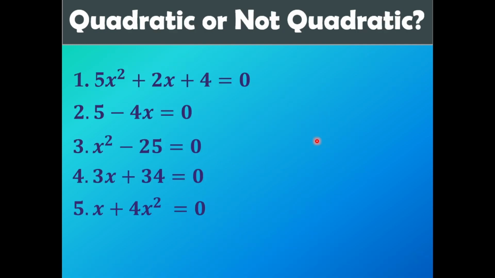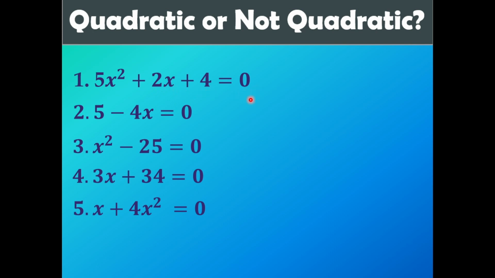Quadratic or not quadratic? Let's determine which of these 5 expressions are quadratic, or can be a linear equation. Number 1, 5x squared plus 2x plus 4 equals 0.